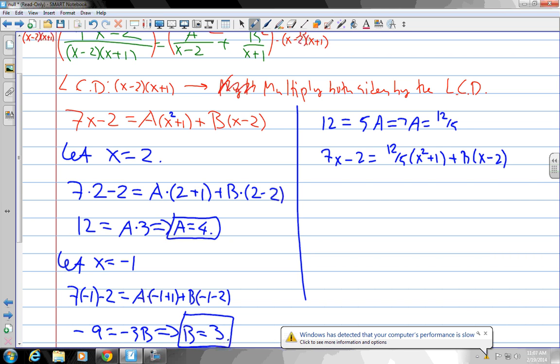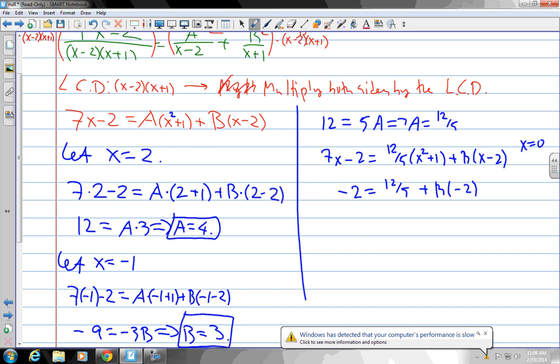You don't have to kill this parenthesis, just put something for x. Just put 0 for x. If x equals 0, you'll get -2 equals 12/5 plus b times -2.